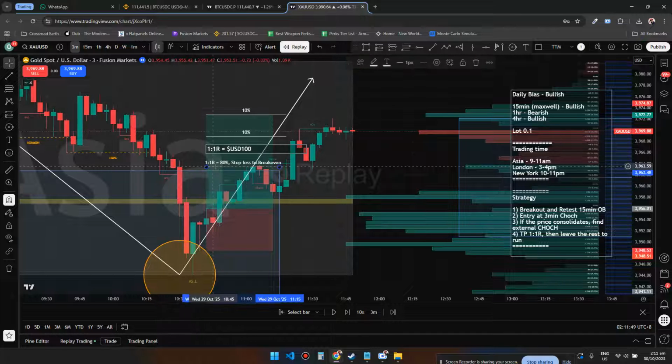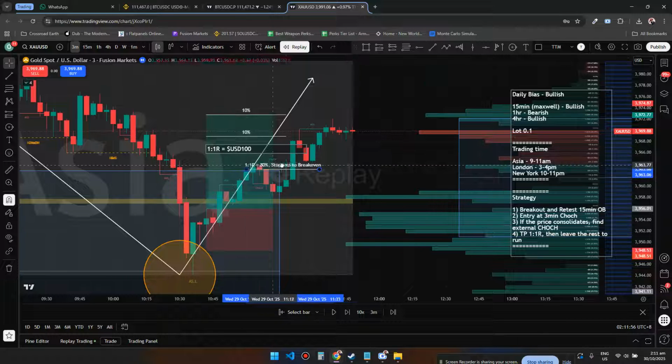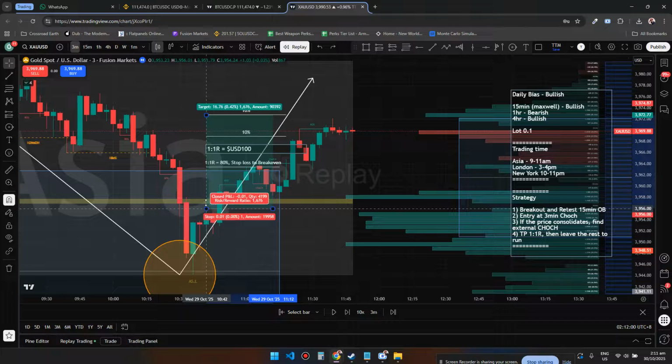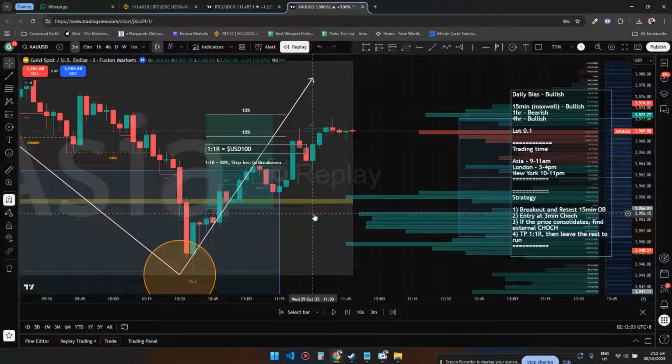So when I hit this 80%, this 1-to-1 ratio, I will put my stop loss to break even. So this is to protect my losses in case the price reverses.